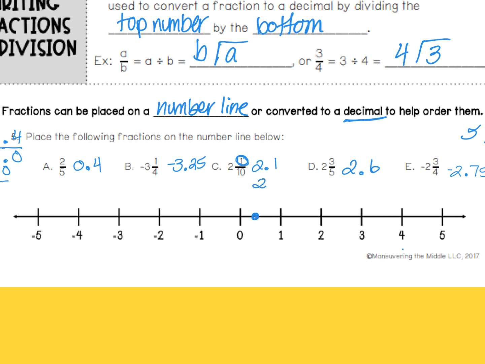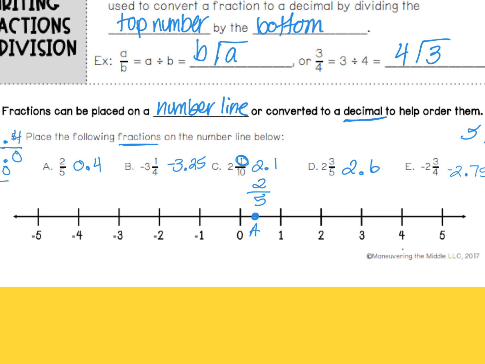And you need to put your original fraction. Even though you know that that value is 0.4, you need to place your original fraction on the number line because that's what my directions say, original fractions. Okay, if you're still a little bit confused, I'm going to go ahead and do letter B with you as well. Letter B is negative 3 1/4 or negative 3.25.